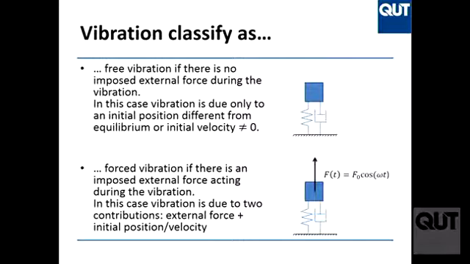Is it clear? If I don't move it from here, the system will not vibrate. Once I start moving it, because at the beginning it was not in the equilibrium position, then it vibrates. That's the only reason why it vibrates in the case of free vibration. In forced vibration, of course, it vibrates because there is a force there which shakes it. But today we focus on this.